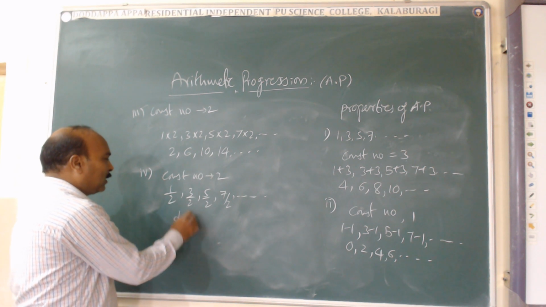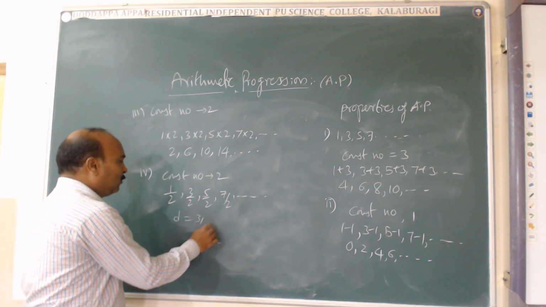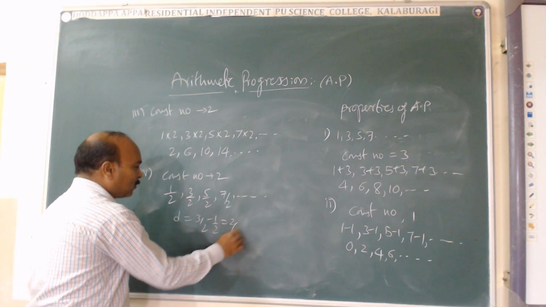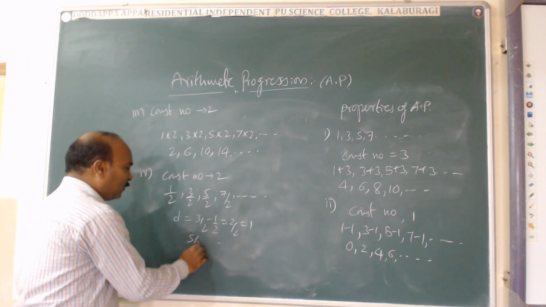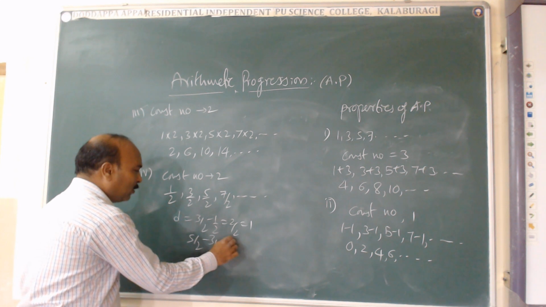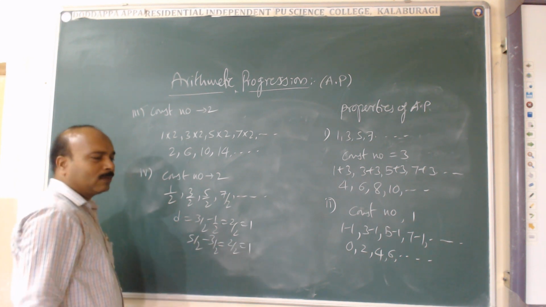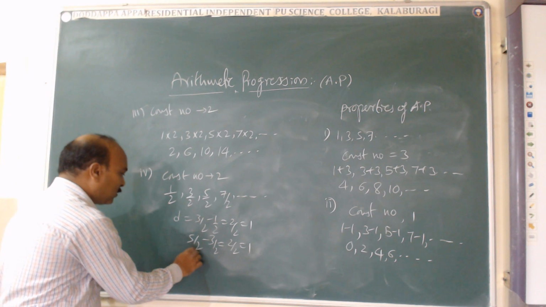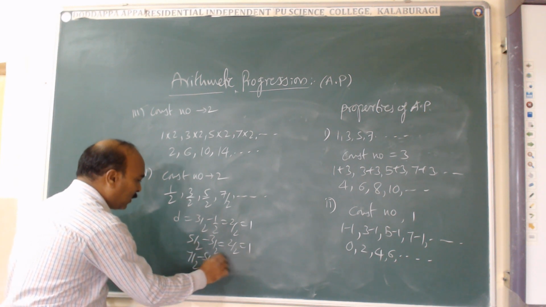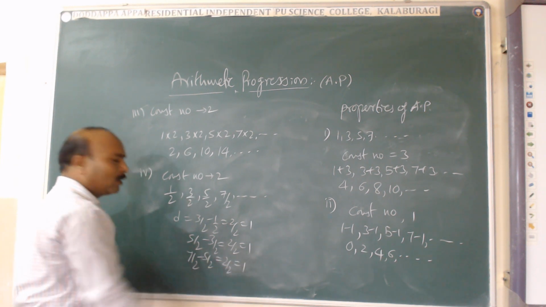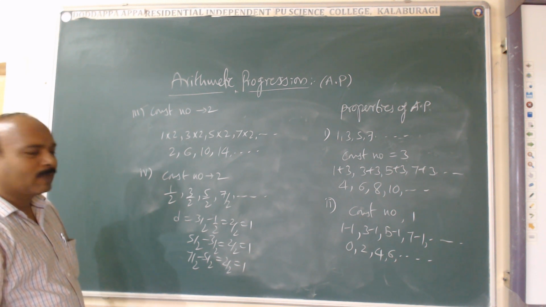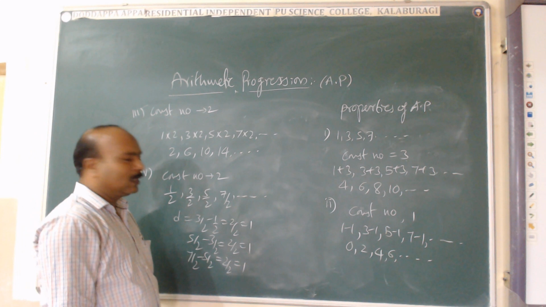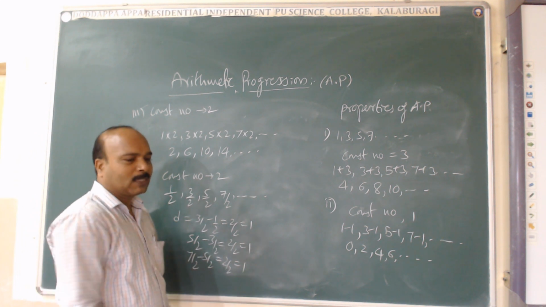So d is 3 by 2 minus 1 by 2, it is 2 by 2, it is 1. Or 5 by 2 minus 3 by 2 equal to 2 by 2, it is 1. Or 7 by 2 minus 5 by 2 equal to 2 by 2 equal to 1. Here we check that everywhere the common difference is the same. Therefore it is also an arithmetic progression.